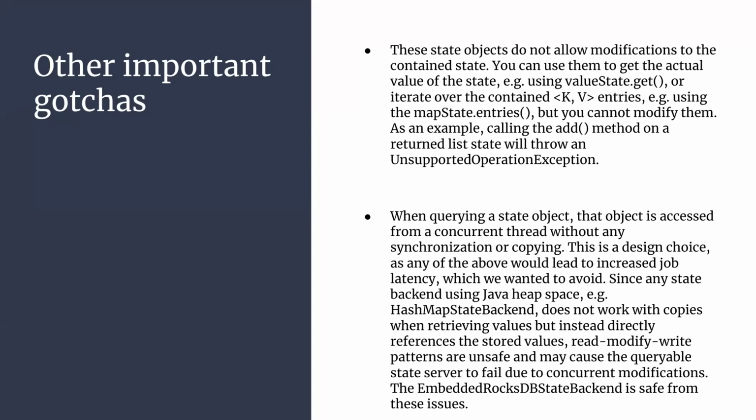If you're querying a state object, there are concurrency issues that you should be aware of, especially if you're using the default state backend, which is the hash map state backend. But your concurrency patterns are much safer if you use the embedded RocksDB state backend. It's safer generally from many of these issues, and it is also fault tolerant.